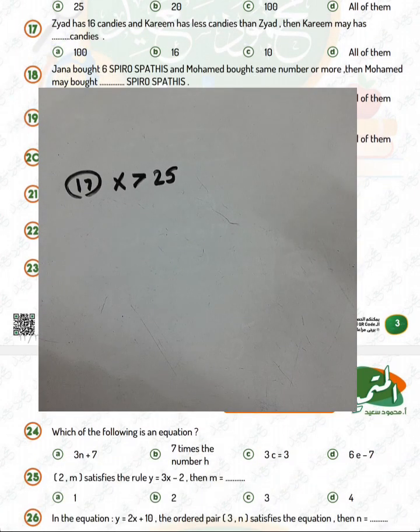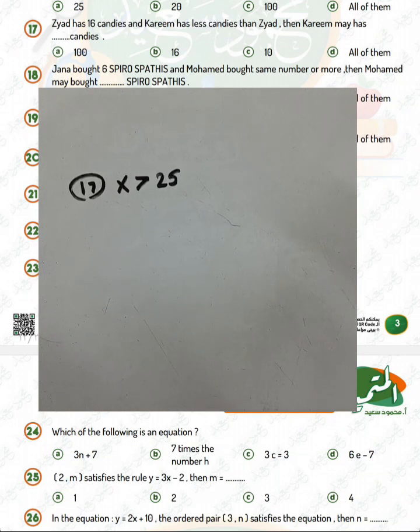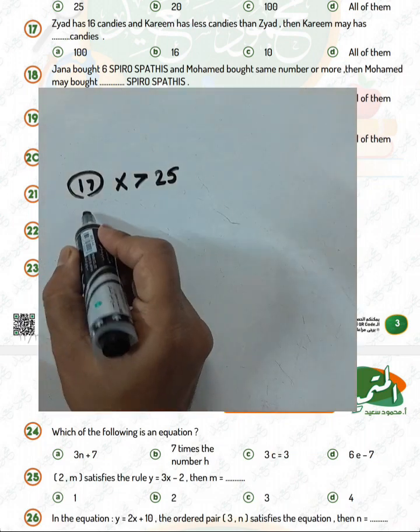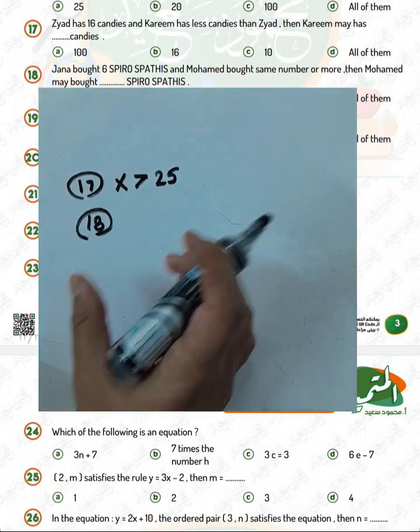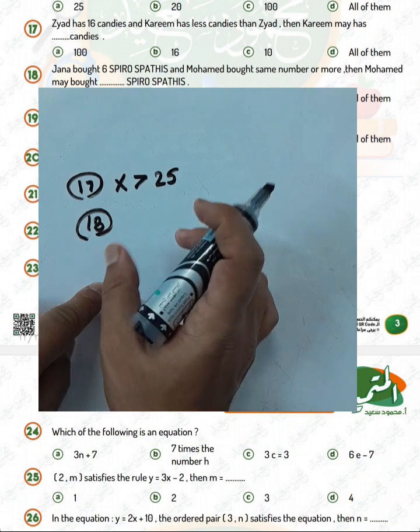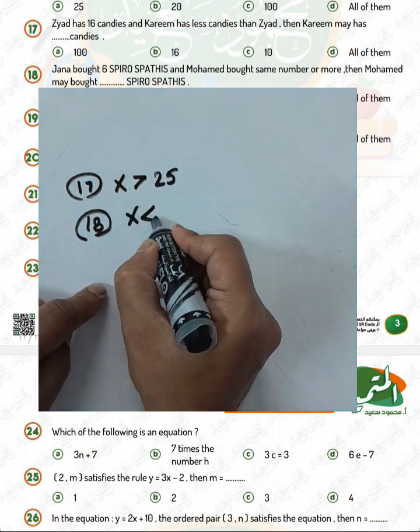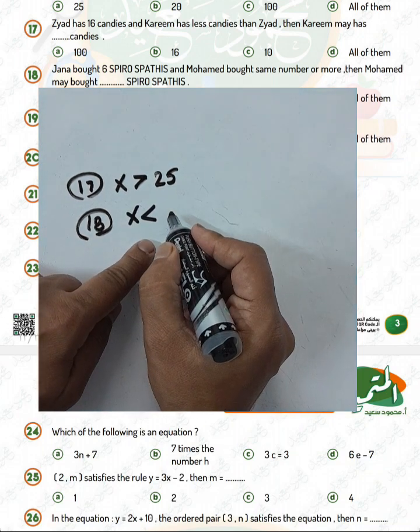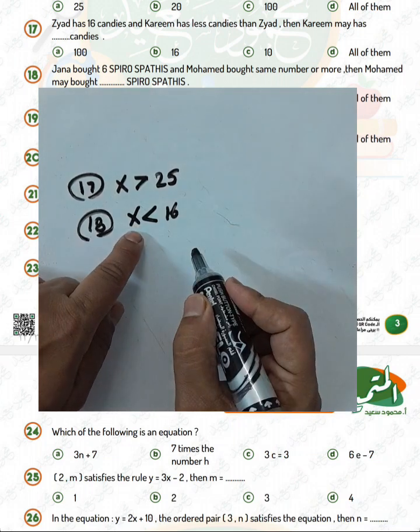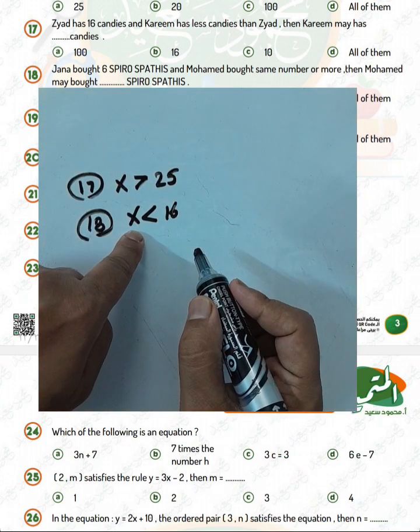Question 17. Ziad has 16 candies and Karim has fewer candies than Ziad. Then Karim may have blank candies less than him. Okay, less than. I will write here, convert this information to an inequality: x less than 16. x here refers to the candies with Karim.